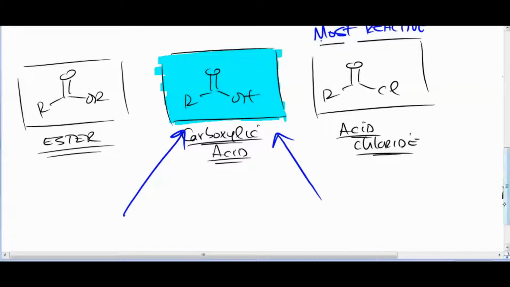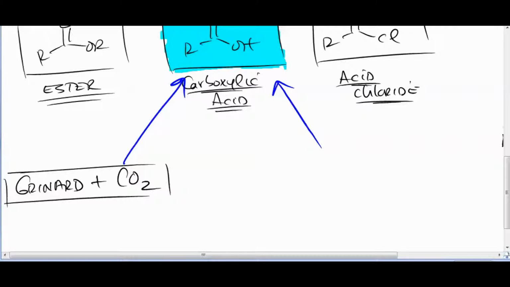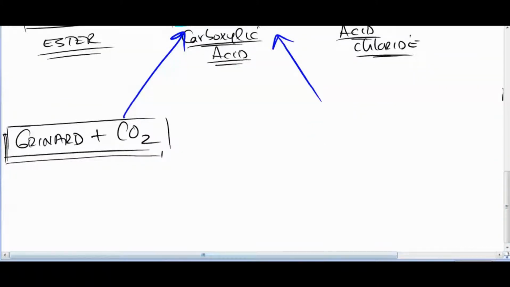So the first one was Grignard, carbon dioxide. All right. So we're going to have a Grignard, and we're going to react it with carbon dioxide. And then we're going to generate carboxylic acid.